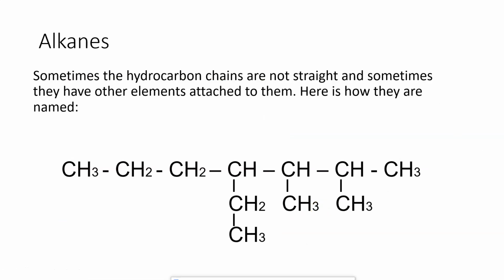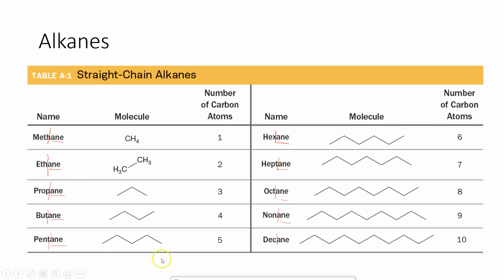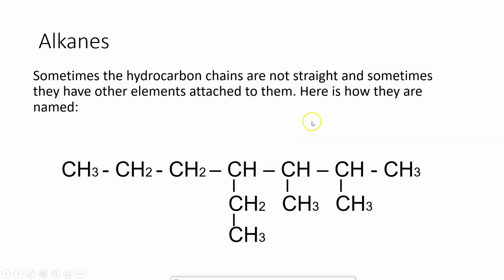Now, the important part here is that this nomenclature, or this way to name the alkanes, is pretty easy, but it only covers the straight chain alkanes. So what happens if I have something that is not a straight chain, if it has some other little things attached to that chain?